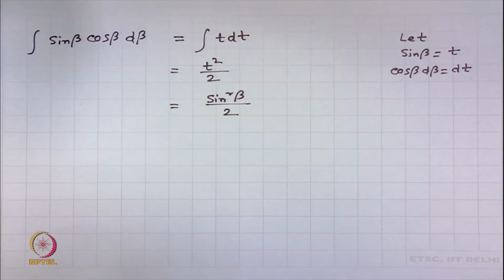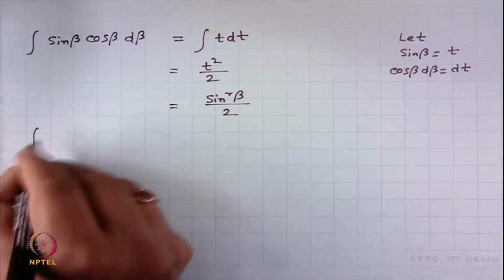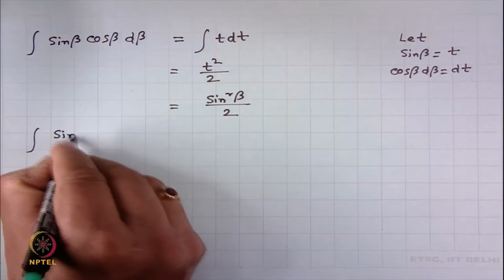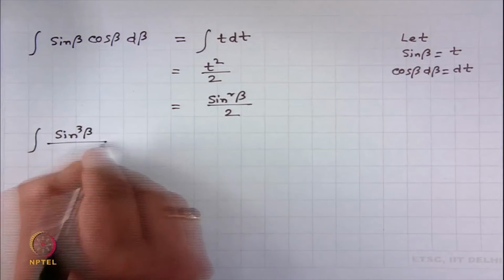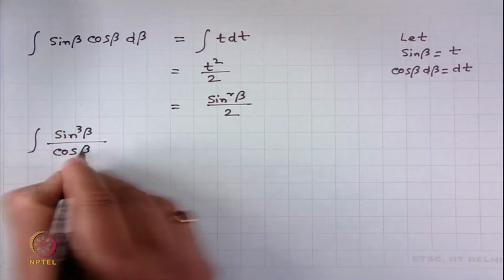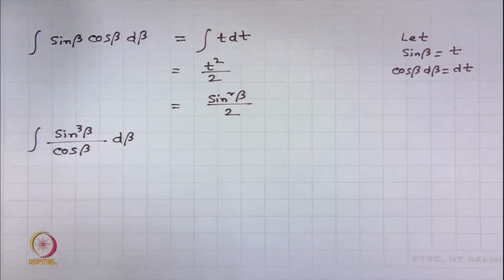What is the next integral? Next integral is sin cube beta by cos beta into d beta.